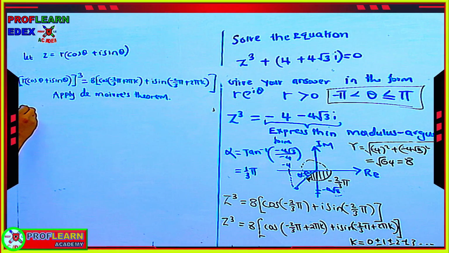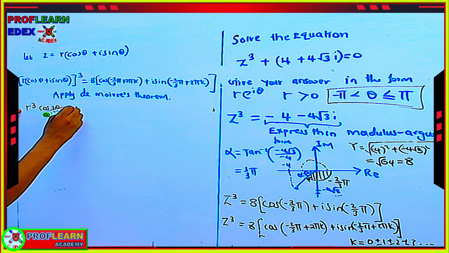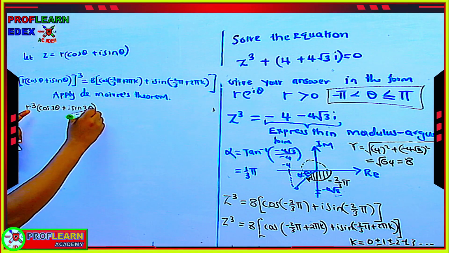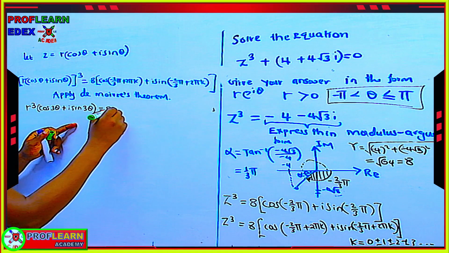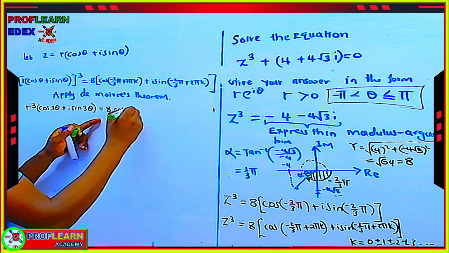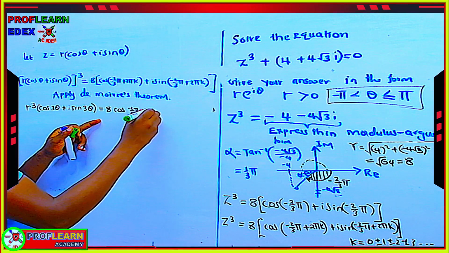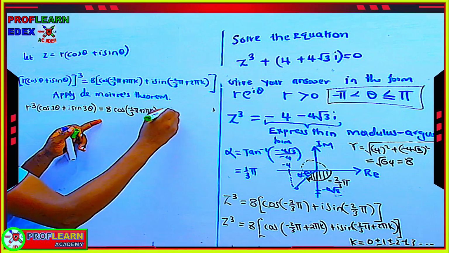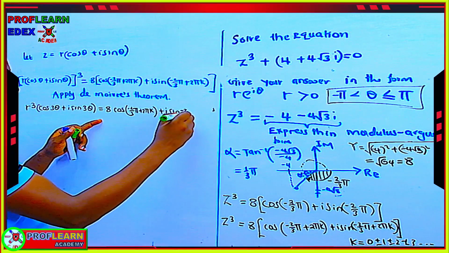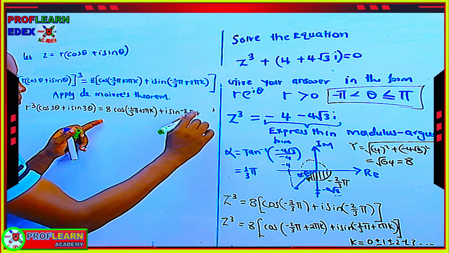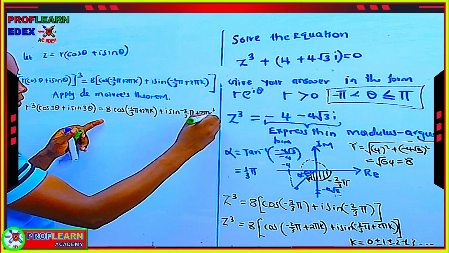So this equation is going to be r power 3 cos 3 theta plus i sine 3 theta is going to be equal to 8 cos negative 2 over 3 pi plus 2 pi k plus i sine negative 2 over 3 pi plus 2 pi k.